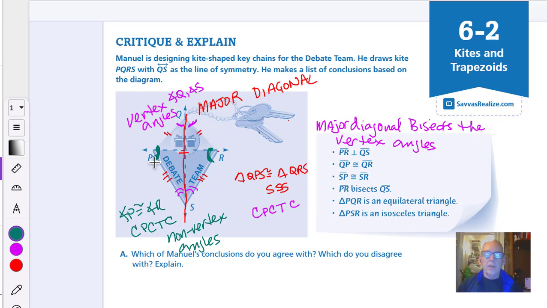So in a kite, the major diagonal bisects the vertex angles, and the non-vertex angles are congruent.